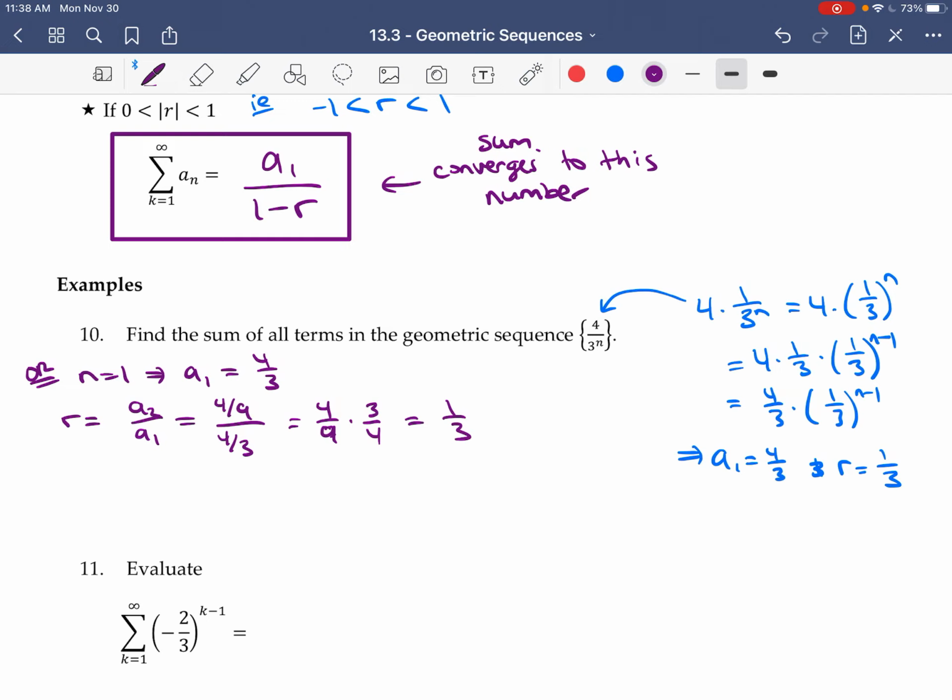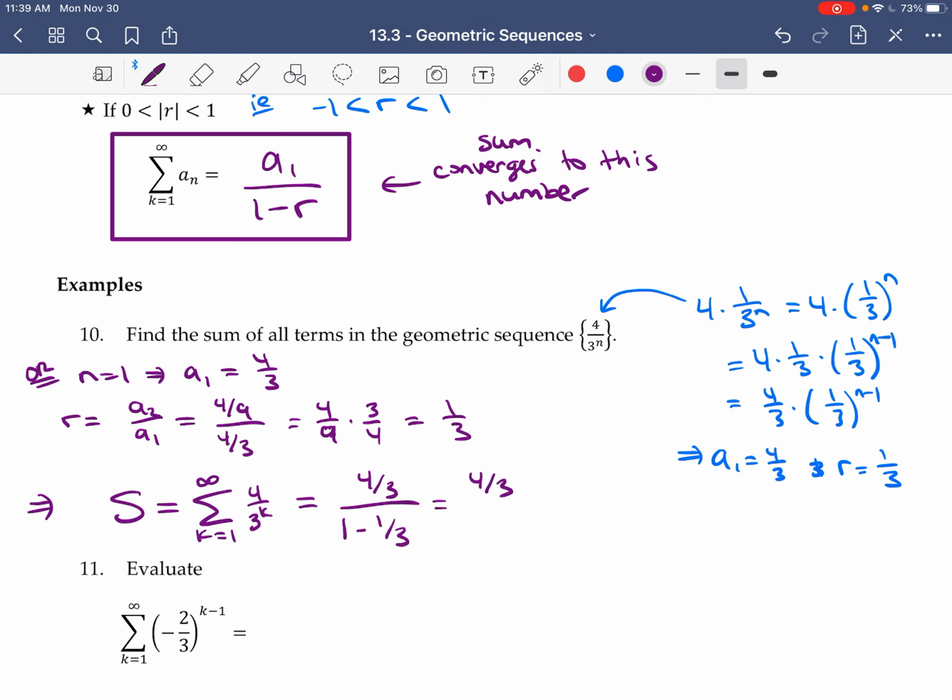Either way, the infinite sum, which we normally call S, is the sum from k equals 1 to infinity of 4 over 3 to the k. That's going to be the first term, 4/3, over 1 minus 1/3.